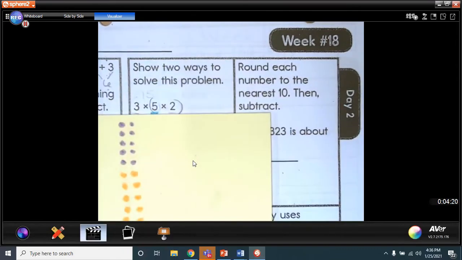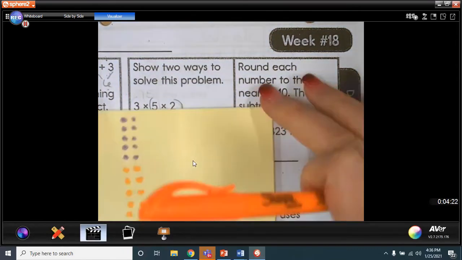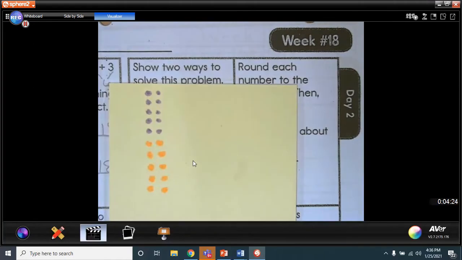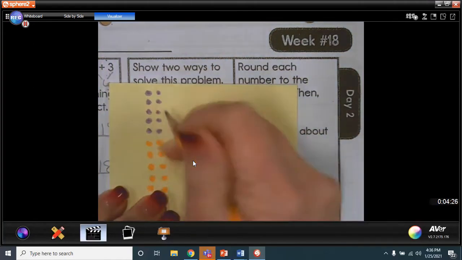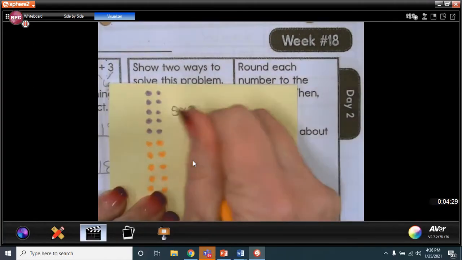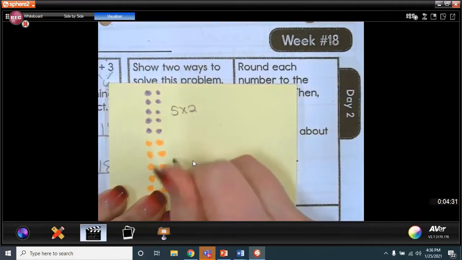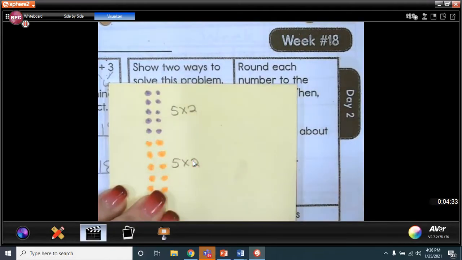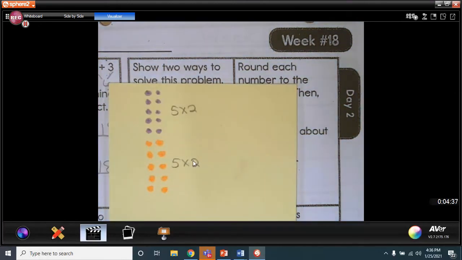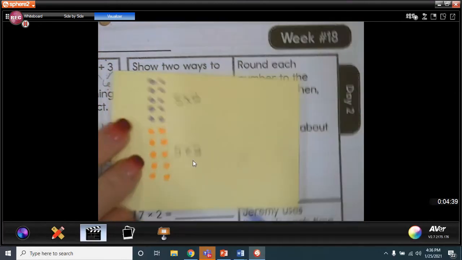Okay, so now I've done it twice. So that should be 30. So 5 times 2 once, 5 times 2 twice, and then I'm going to need another 5 times 2 again, 3 times.